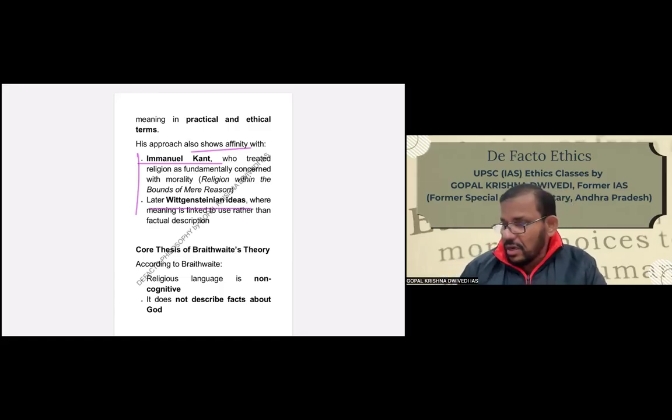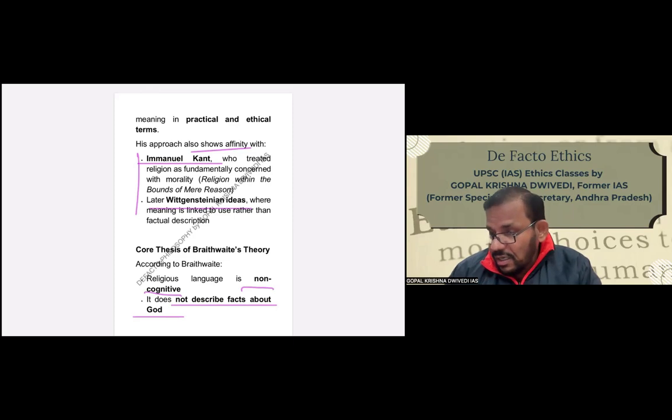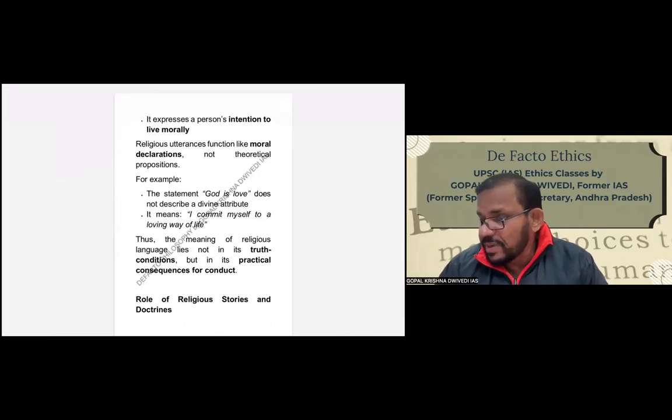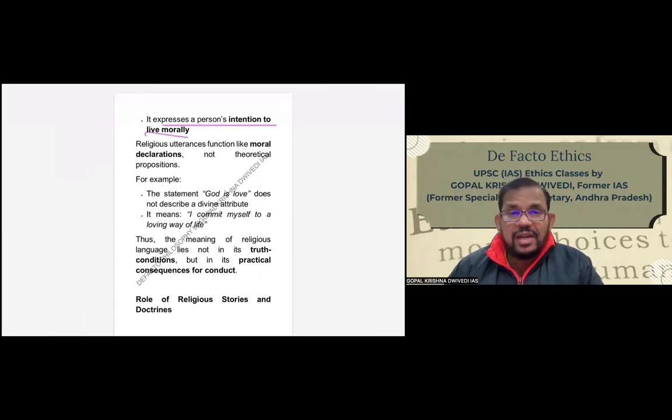Religious language is non-cognitive, first point. Second, it does not describe facts about God, or for that matter any supreme reality, maybe the soul, or any other such matter or reality. It expresses a person's intention to live morally. So religious utterances function like moral declarations, not theoretical propositions.